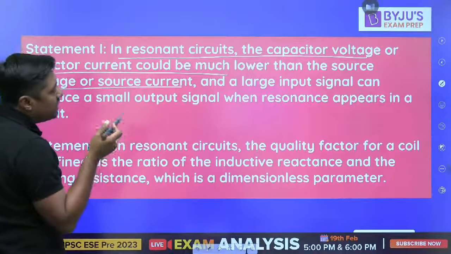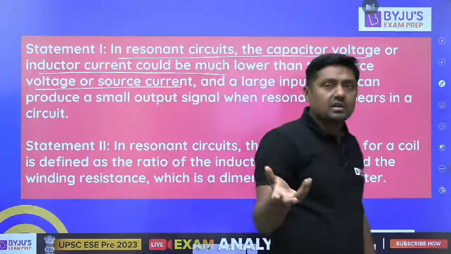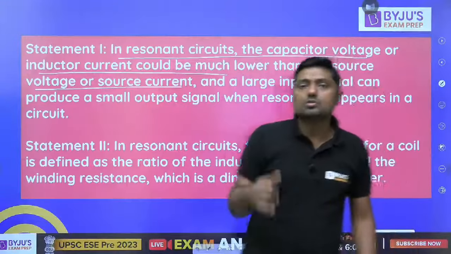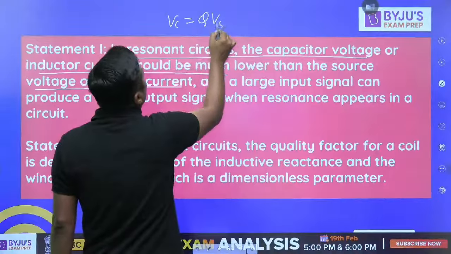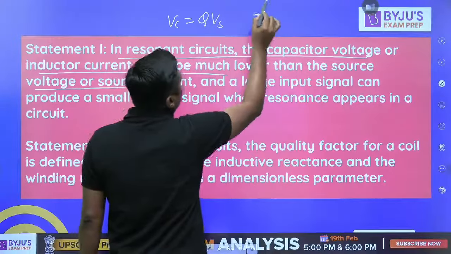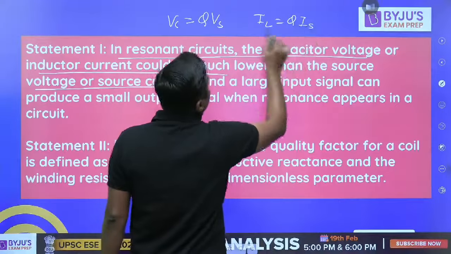In resonance, because of the magnification factor, it may be very high as compared to the source voltage or source current. The voltage across the capacitor is Q times Vs, or in the case of a parallel circuit, the current is Q times Im, which may be very high.